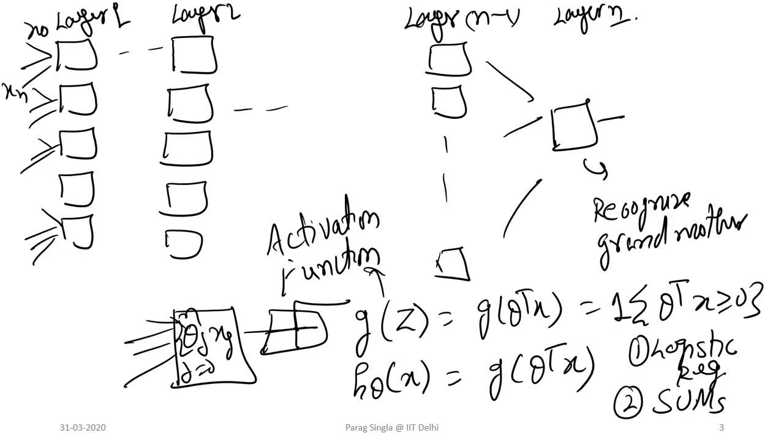So if this composition over all these inputs essentially makes this neuron fire, then you say that the image was essentially of your grandmother, otherwise you say no, right?